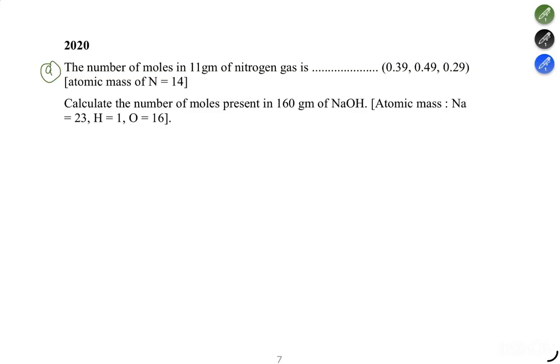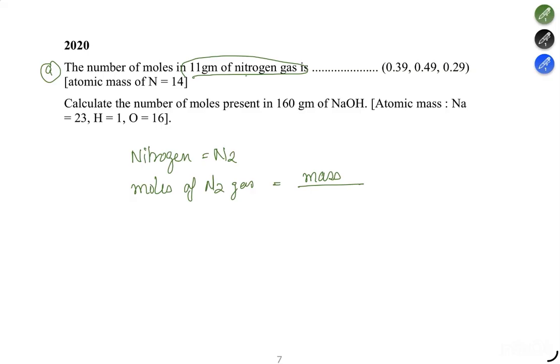You can see the first part: the number of moles in 11 gram of nitrogen gas. Here is the common mistake students make. The formula of nitrogen gas is N2. To calculate the moles of nitrogen gas, we need the mass of nitrogen gas upon the RMM of nitrogen gas.